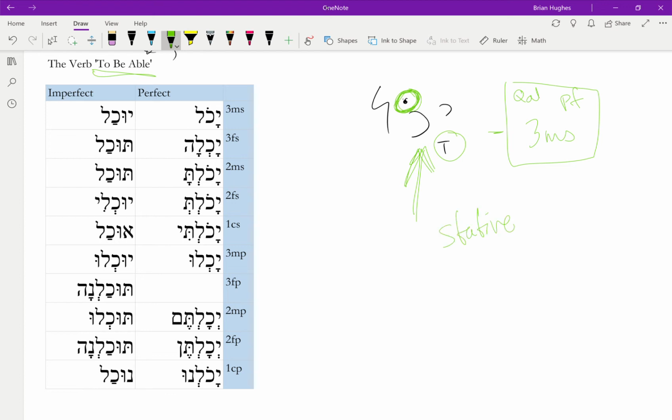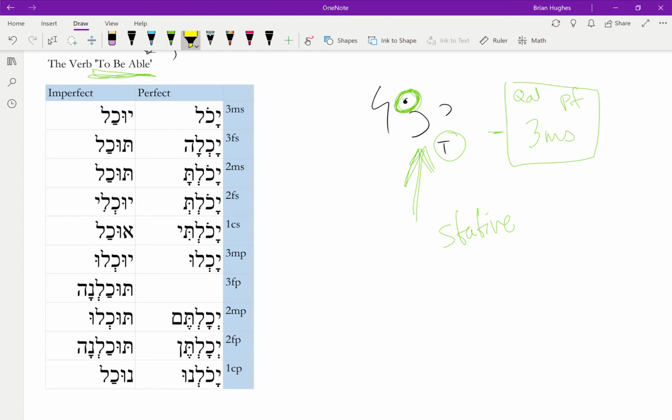That is, it's talking about a status, so this could be a present condition, and that fits with its meaning, to be able. So this would mean he is able, as opposed to a normal action cal perfect verb, which tends to be past completed action. And similarly, we're going to see in the imperfect, we have this patak theme vowel, and again, patak theme vowels in the imperfect are for stative verbs.